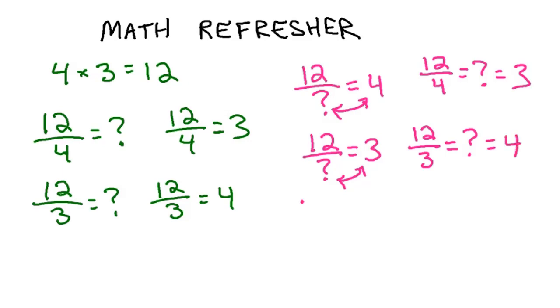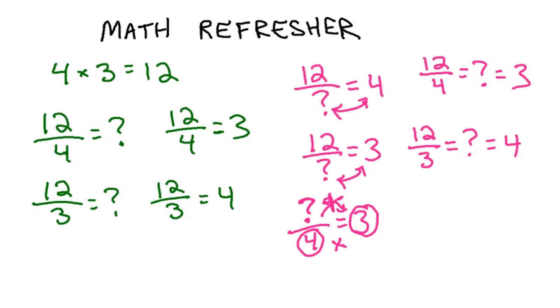Now if you have question mark divided by 4 equals 3, you can't swap the top number on the division symbol and the number on the other side of the equals. That doesn't work. But what you can do is take the bottom number of the division bar and the number on the other side of the equals and just multiply them by each other, and that's going to give you the top number, your question mark you need to find.